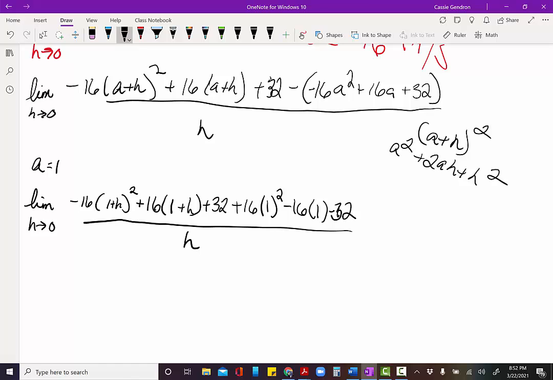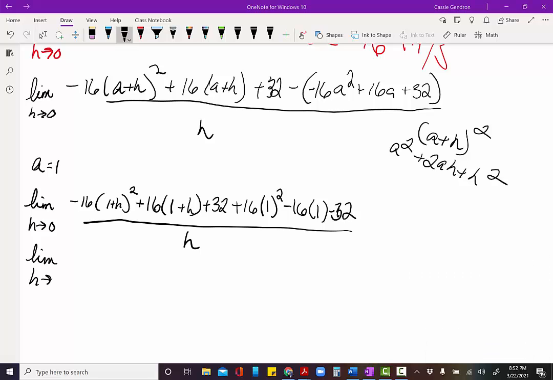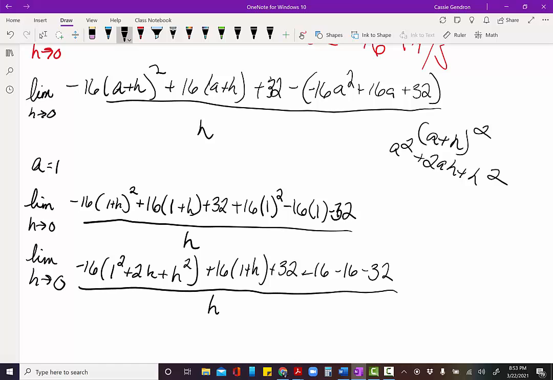So this allows me to say the limit as h approaches 0 of negative 16 times (1 squared plus 2h plus h squared) plus 16 times (1 plus h) plus 32, plus 16, minus 32, all over h.